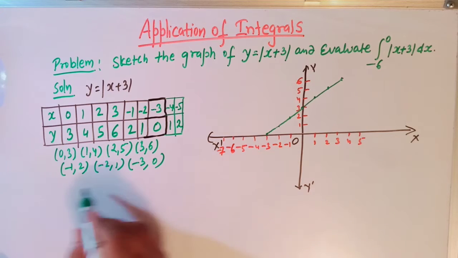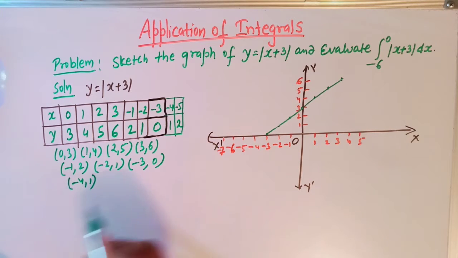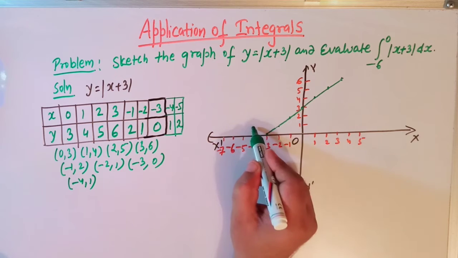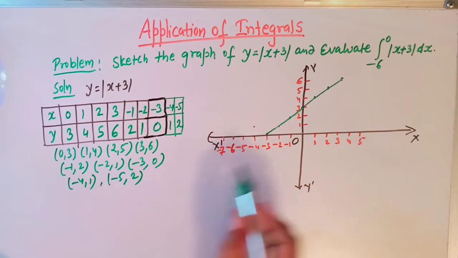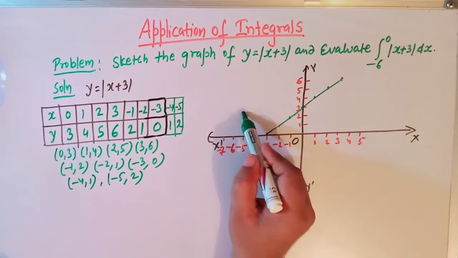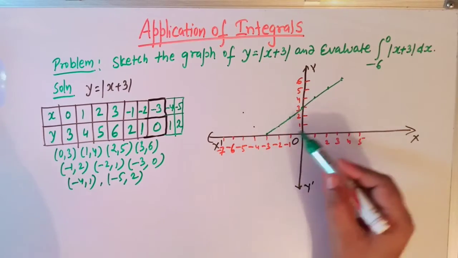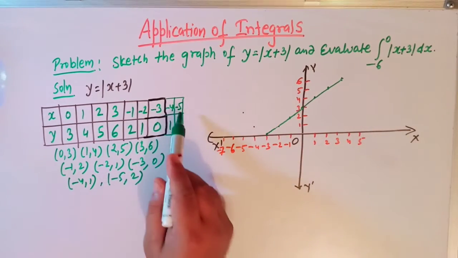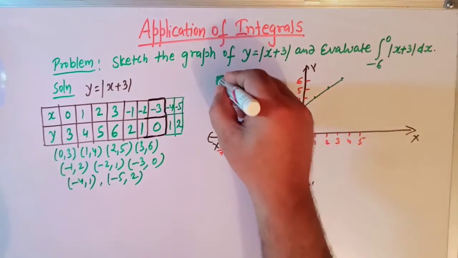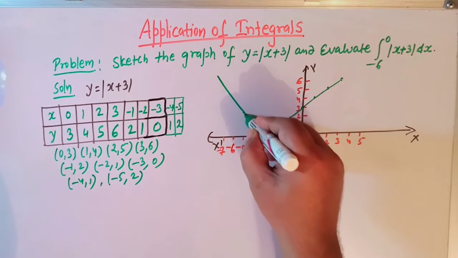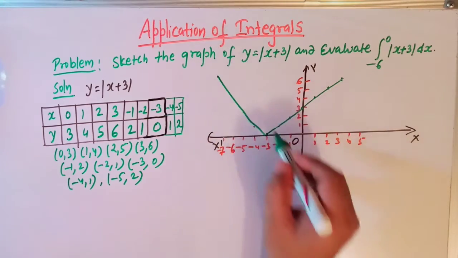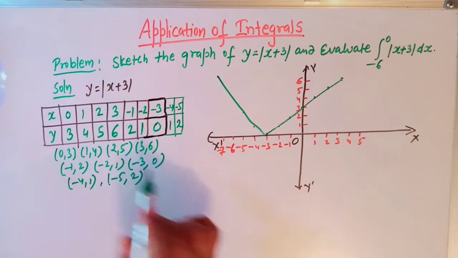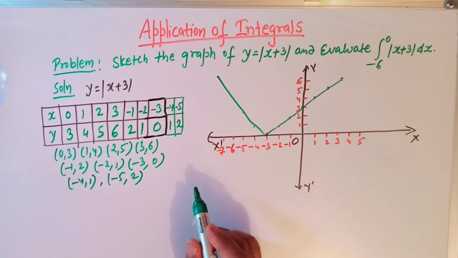So minus 4 comma 1 lies here, and minus 5 comma 2 lies here. If we go on substituting values, we'll get a line like this. So this is the graph of y equal to mod of x plus 3.